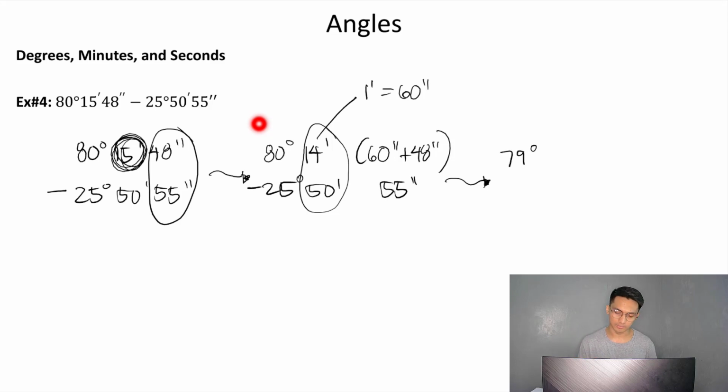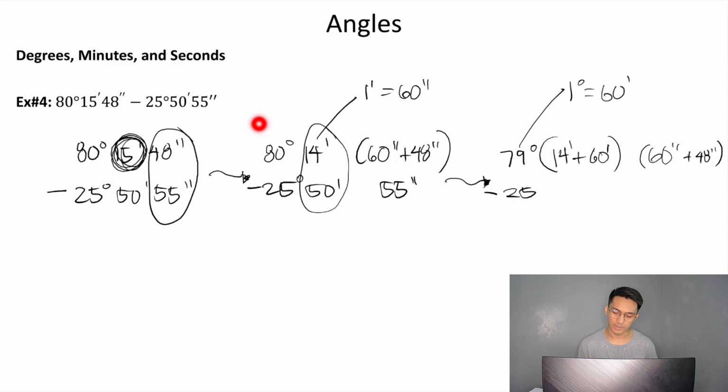And yung 1 degree na yun, ilalagay natin sa this 14 minutes, itong 1 degree dito, i-convert natin into 60 minutes and then i-add natin ngayon sa 14 minutes. 14 minutes plus 60 minutes and 60 seconds plus 48 seconds minus 25 degrees, 50 minutes, and 55 seconds. Pwede na po natin siyang isubtract.